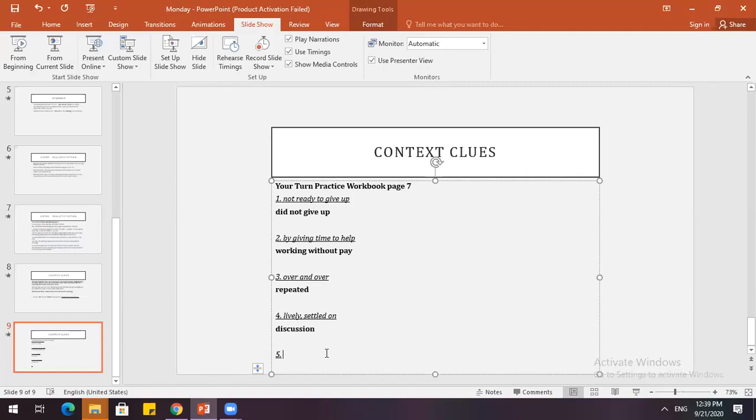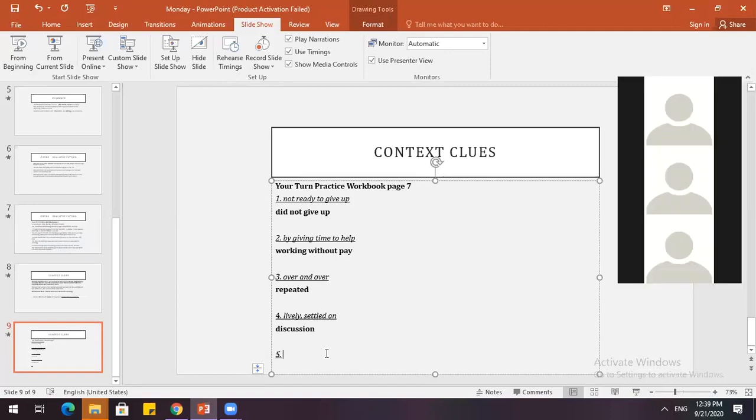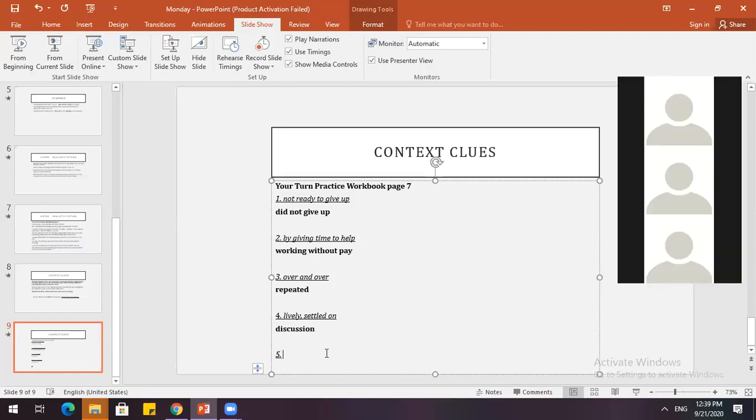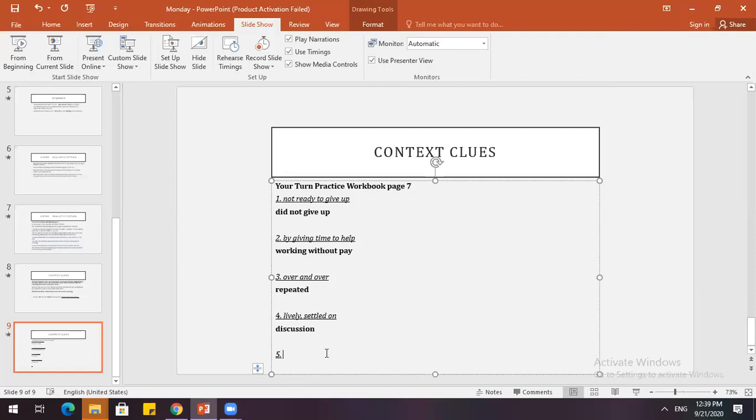What are some clues we can find in this sentence? All right, so it says, after a lively debate, so we know what debate means. So after the discussion, they decided on, we settled on, building the community as our slogan. All right? So what do you think slogan means?